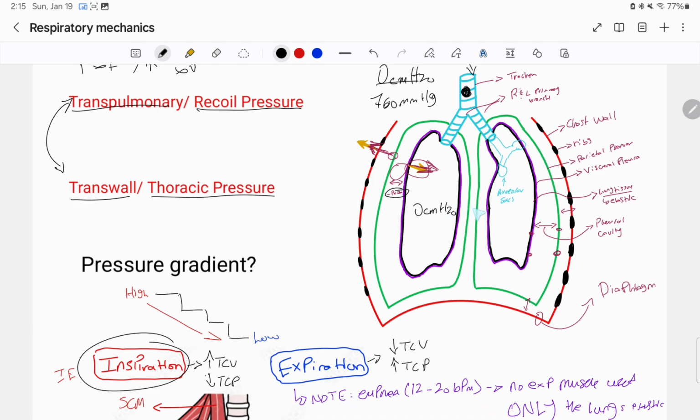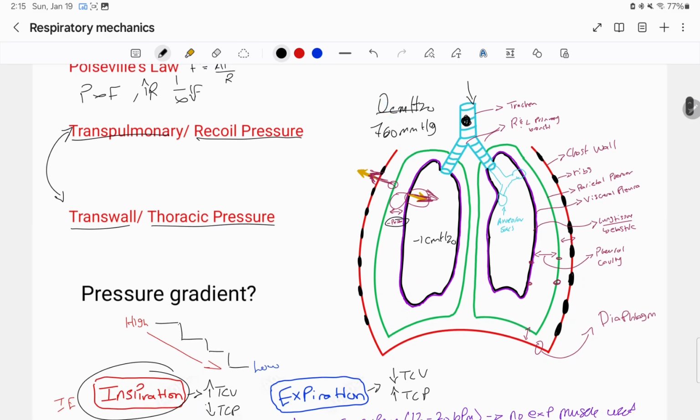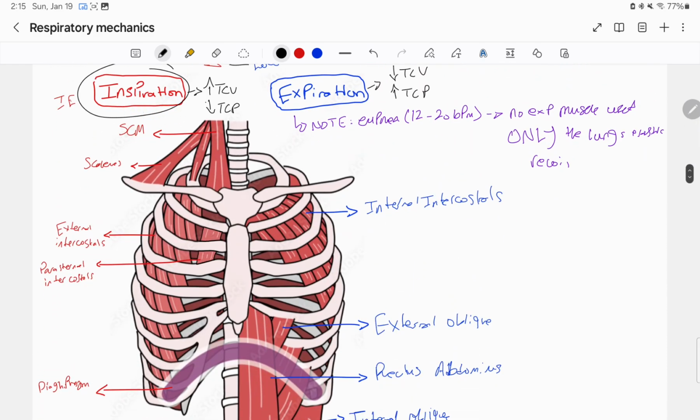I'll tell you what, I got to increase the volume in the thoracic cavity, which will decrease the pressure. Why would I want to decrease the pressure, guys? If I decrease the pressure, let's say to -1 centimeters of water, which one's higher now? 0 or -1? 0 is higher. So what is that going to do? Air is going to move from an area of high to an area of low, okay? That's what's going to happen. That's the exact goal of inspiration.